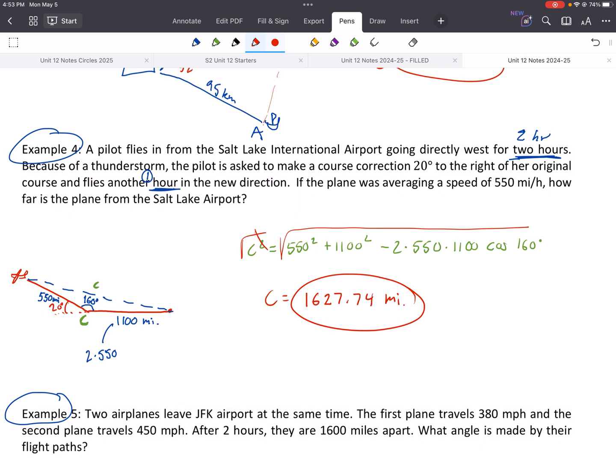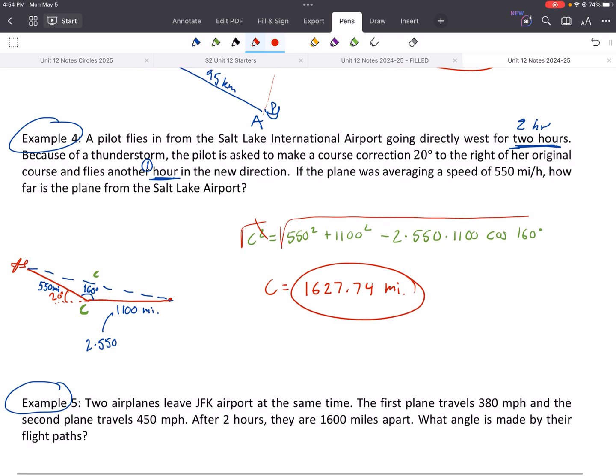Originally, if we added those together, like the distance that they traveled would be 1,650. But again, it's always shorter if you go straight from directly between 2 points. So it's a little shorter. It is from the Salt Lake Airport.